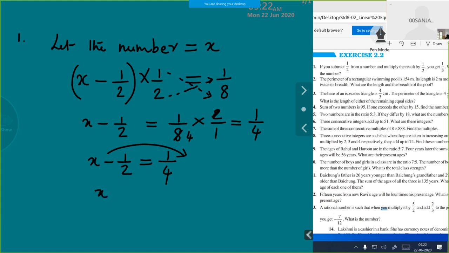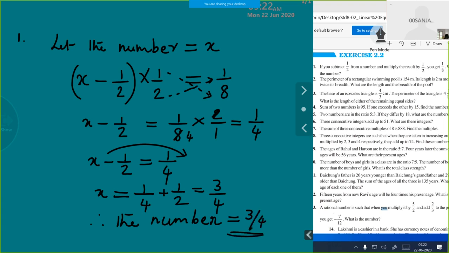So it becomes plus. So x is equal to 1 by 4 plus half. Quarter plus half is going to be 3 quarter, that is 3 by 4. Therefore, the number is, what is our x? The number, we assumed the number as x. But you cannot leave the answer in x, you can write, therefore the number is 3 by 4.